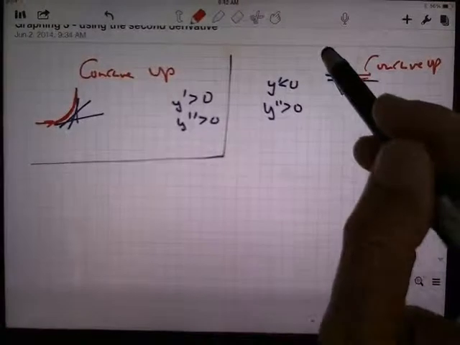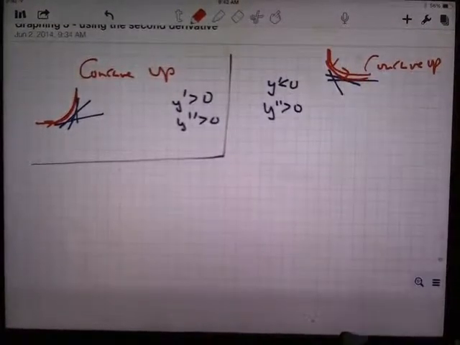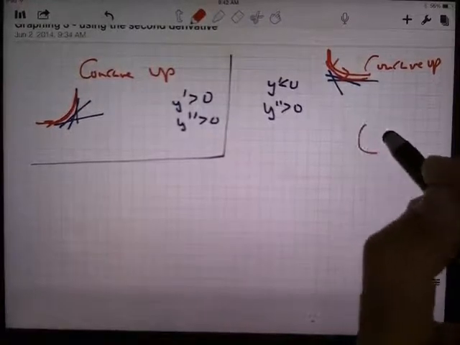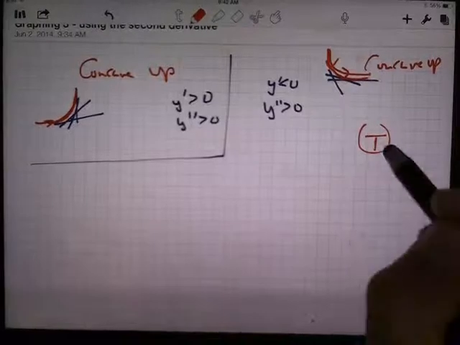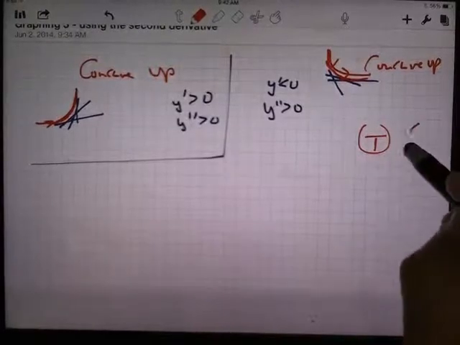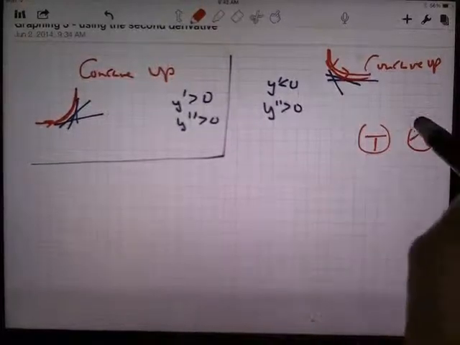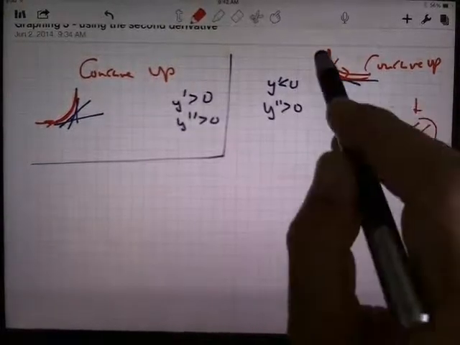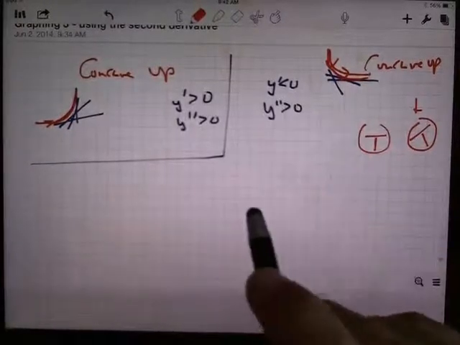If this is my steering wheel, this is my steering wheel if I hadn't turned it at all, but my steering wheel now is actually turned to the left. This is what I'm doing along this curve or that curve. Second derivative positive is concave up, bending upwards.